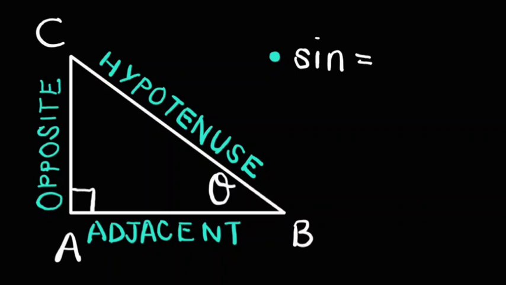So there is a fraction that represents sine. In terms of theta, sine is equal to opposite over hypotenuse. So I'm going to write that as O over H to represent opposite over hypotenuse. So in fact, on our triangle, opposite is represented by AC and hypotenuse is represented by BC.